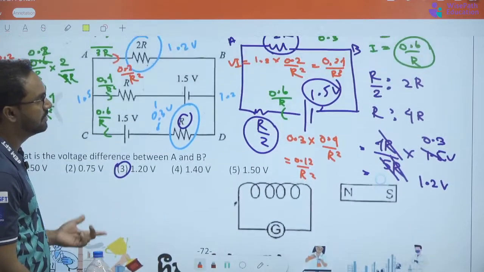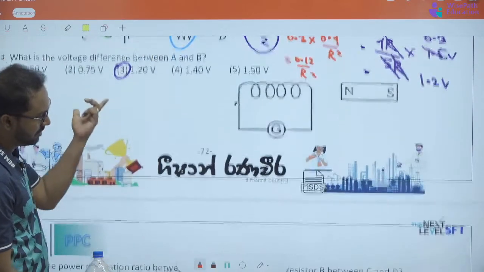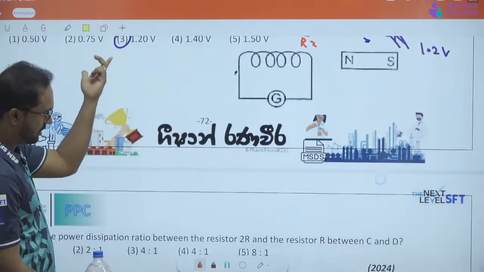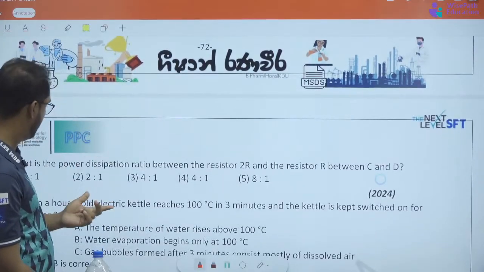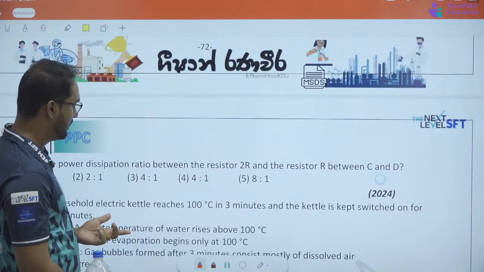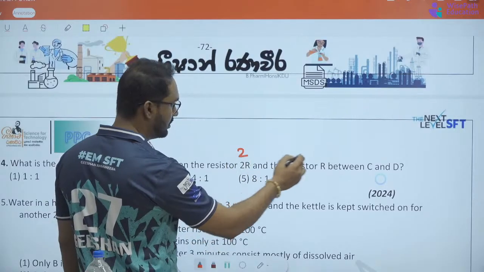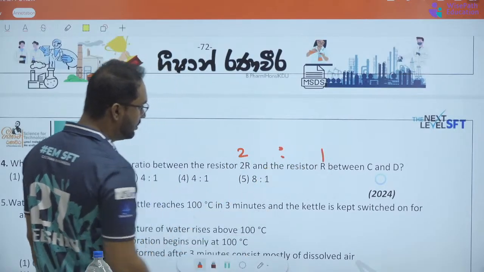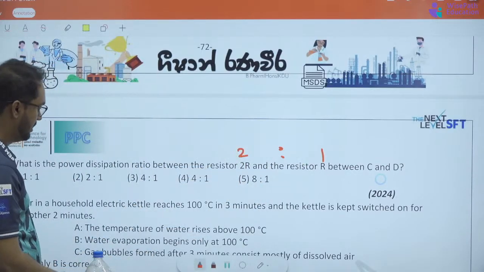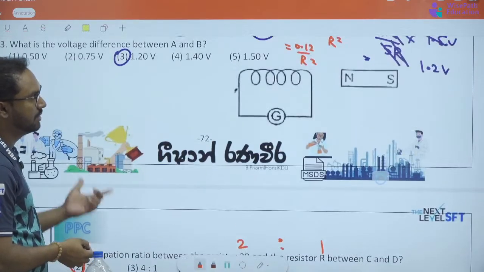So the ratio between the resistor 2R and R. This is 2, this is 1. So it's 2 is to 1 because this times 2 is this. So the answer is actually 2, right?